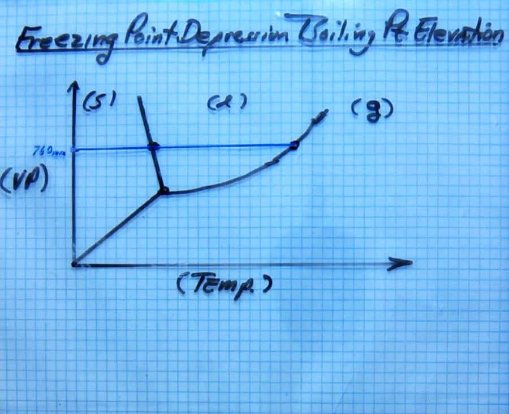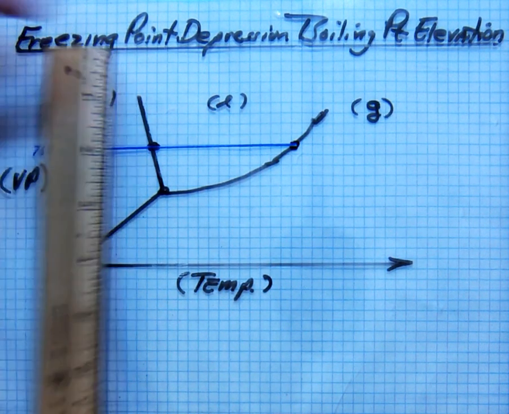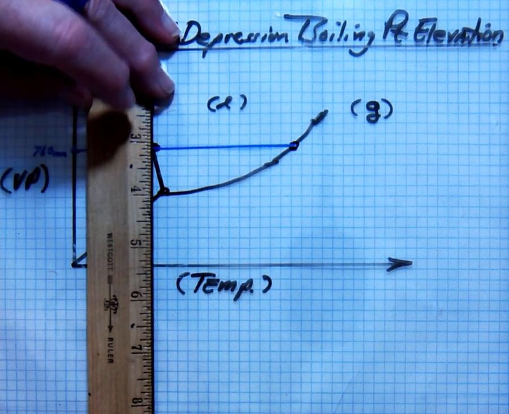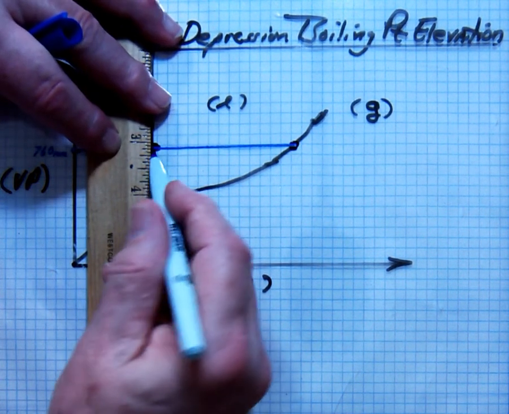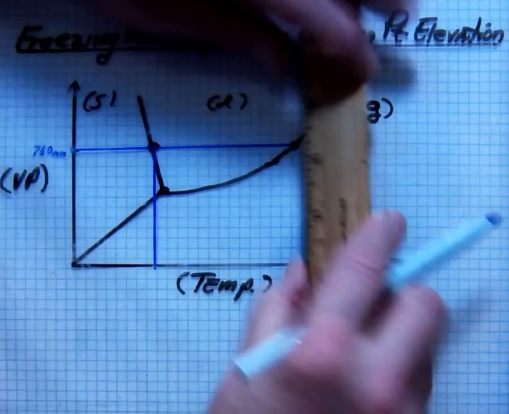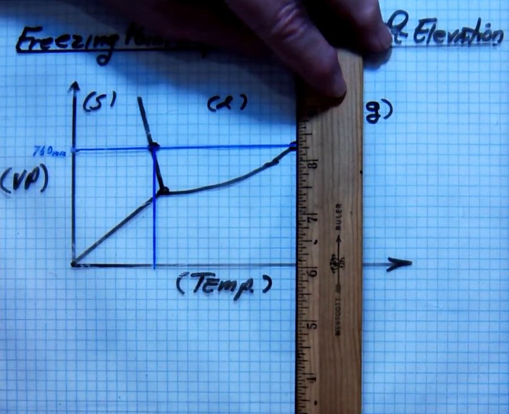Can you see that okay? That's our 1 atmosphere, standard atmosphere. Then from that, we're going to come straight down to the temperature axis, right here, and then over here, do the same thing.